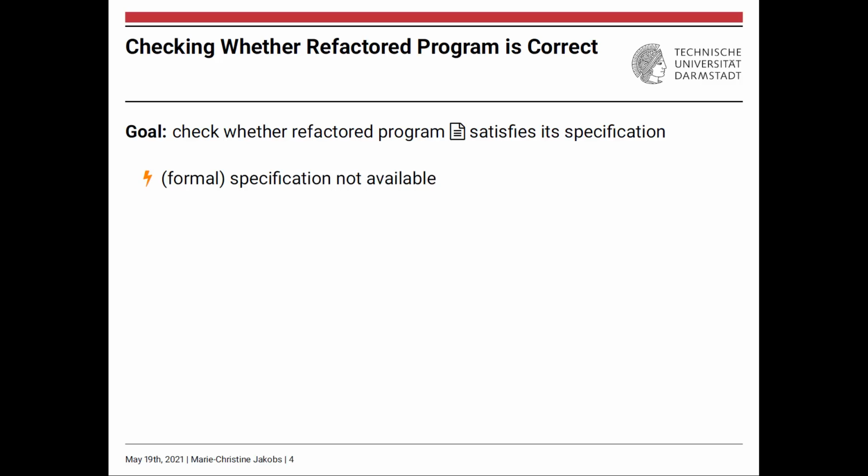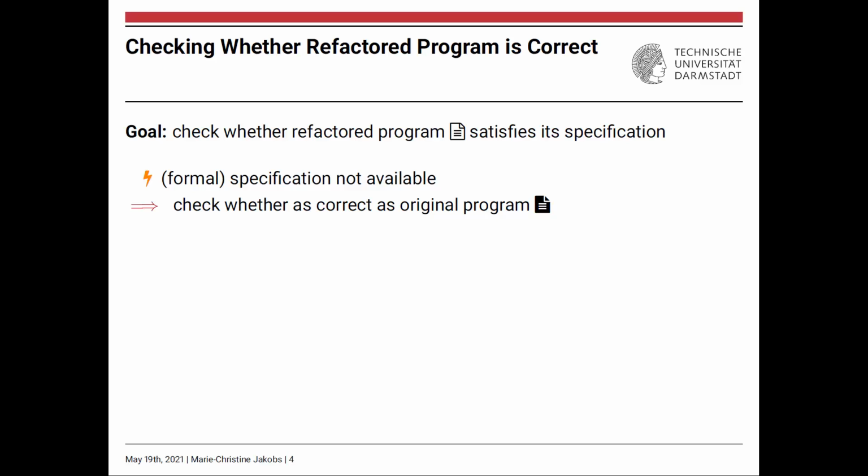Unfortunately, to check this, you need some kind of formal specification that describes what the program should do, and often that is not available. However, the original program is often tested well, and we are confident that the original program fulfills this specification.